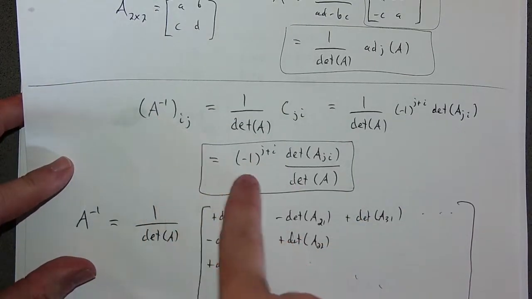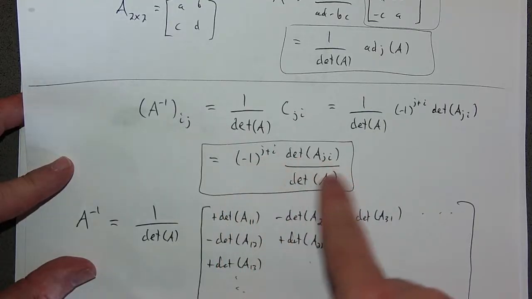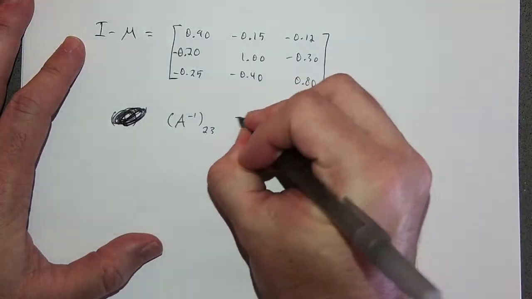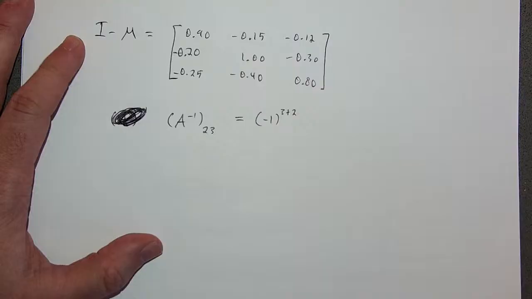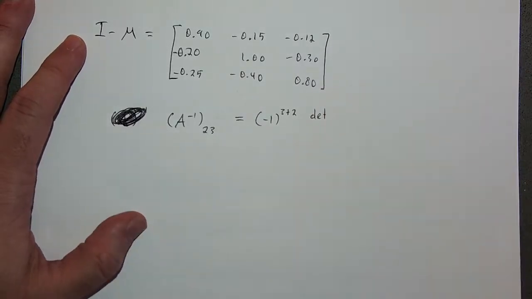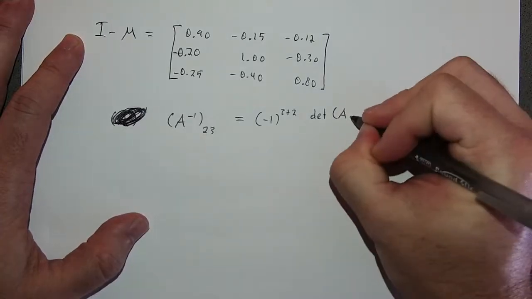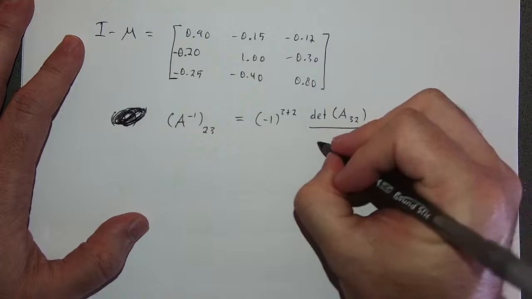This A inverse of ij is minus 1 to the j plus i times the determinant of A sub ji over the determinant of A. So by the adjugate formula, this is minus 1 to the 3 plus 2 times the determinant of A sub 3, 2 divided by the determinant of A.